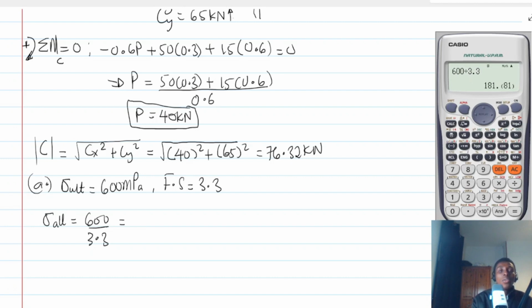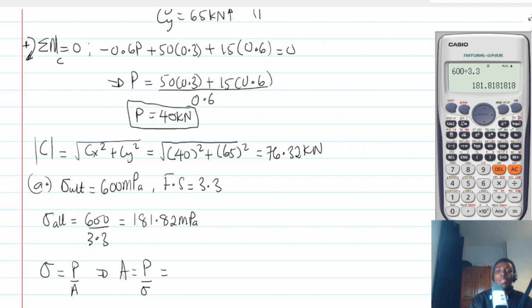And that gives us 181.82 megapascal. So that is it. Since we now have the allowable stress, we can go forward and say that the stress is the load over the area. In other words, the area is the load over the stress.